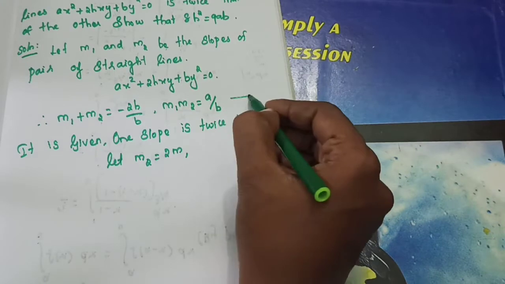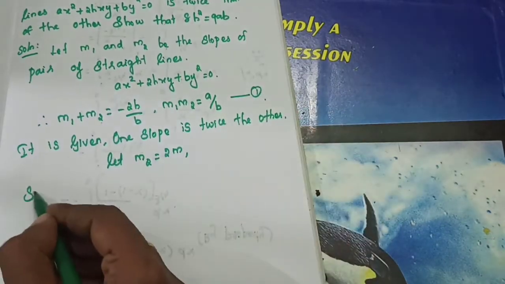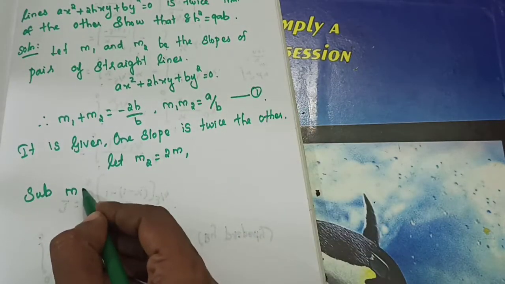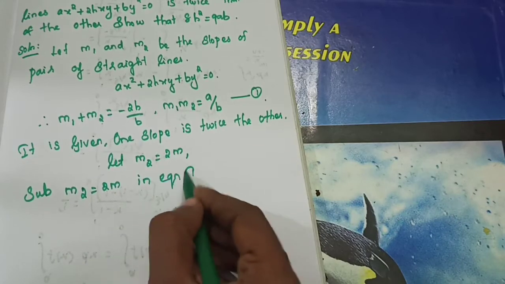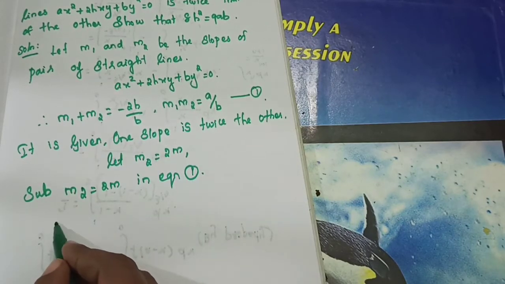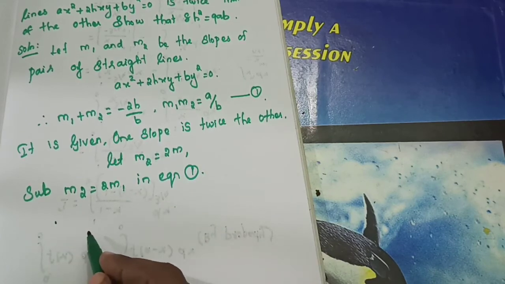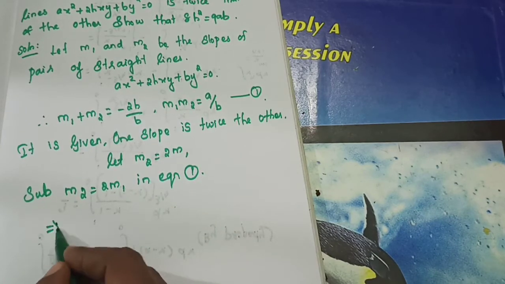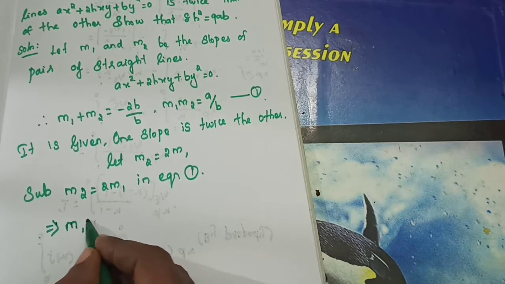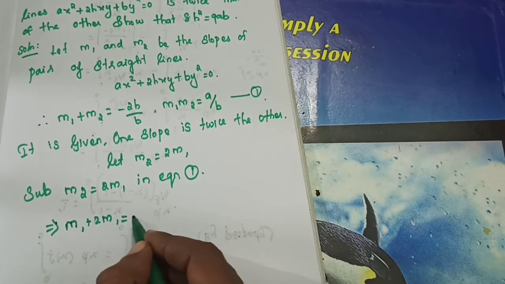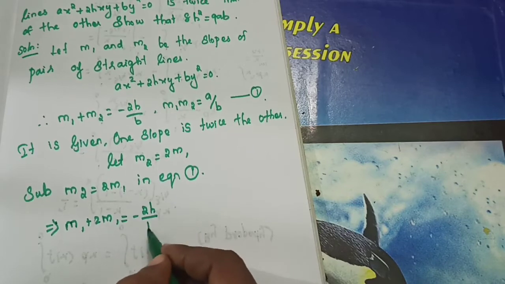So let us consider these two equations as one. Substitute m2 equal to 2m1 in equation 1. In the place of m2, substitute 2m1. Which implies the first equation becomes m1 plus 2m1 is equal to minus 2h by b.